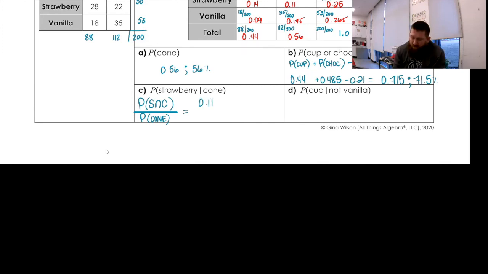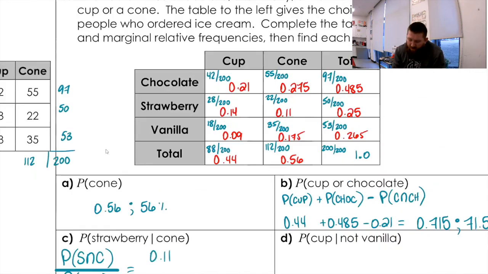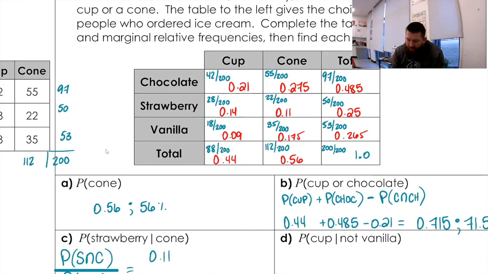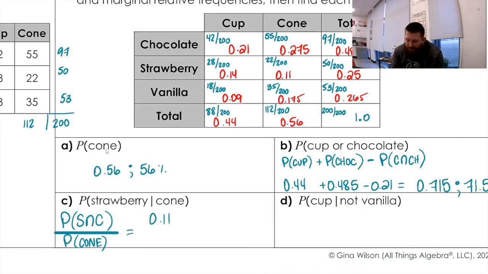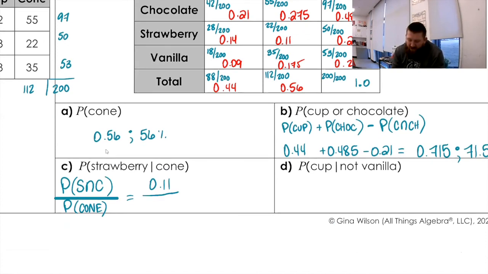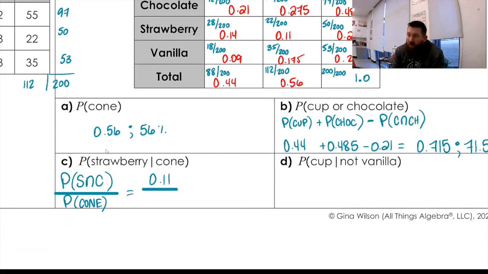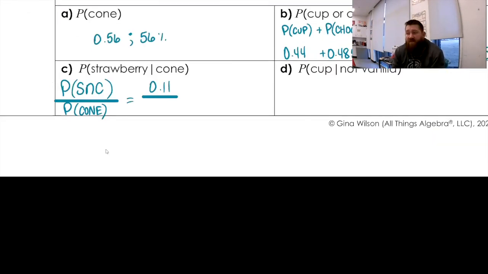We can go to our chart. So strawberry and cone, this guy right here, was 0.11, and the probability of just cone was 0.56. Pop that into the calculator, and we get 0.1964.